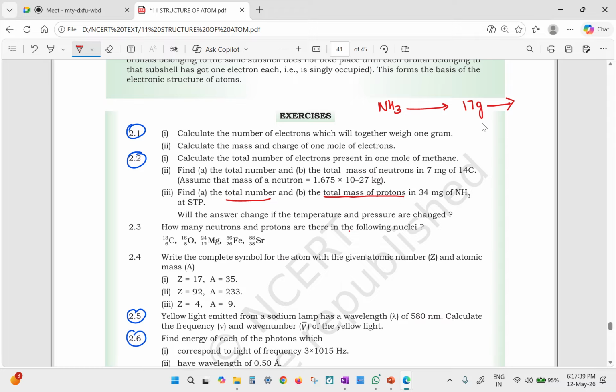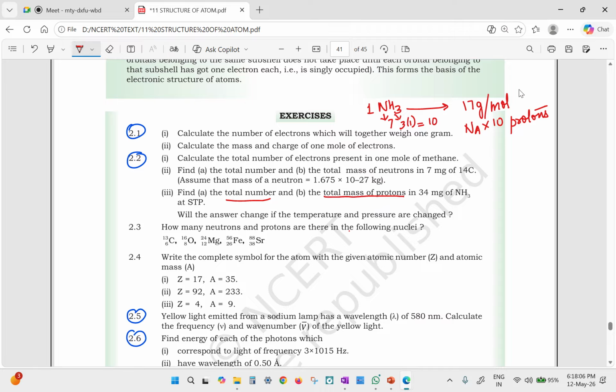Nitrogen has 7 protons. Hydrogen will have 1, so 3 times 1. That means a total of 10 in one molecule. 17 grams is the mass of 1 mole. That means we will have Avogadro number into 10 protons, correct?